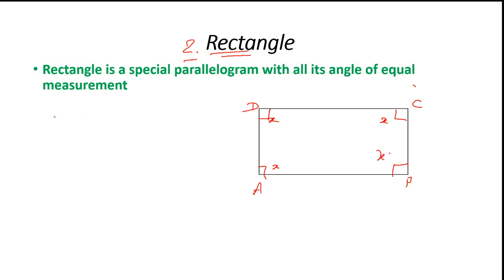Now angle A plus angle B plus angle C plus angle D is equal to 360 degrees. By which property? Angle sum property of quadrilaterals.